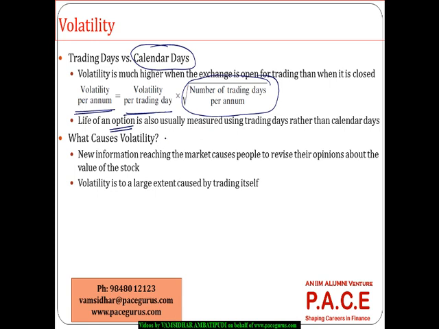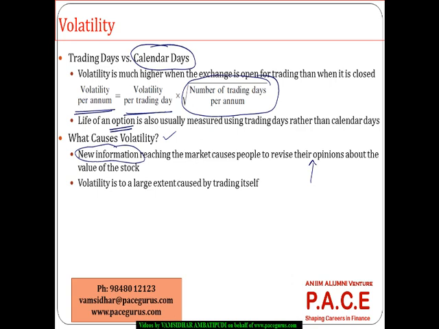And talking about what causes volatility: every day, for a lot of stocks, new information is coming into the market. Once the new information comes, people change their opinion. Some of them think they will buy, some of them think they will sell. So with different opinions, the valuation of the stock differs, and that is what is causing the volatility.